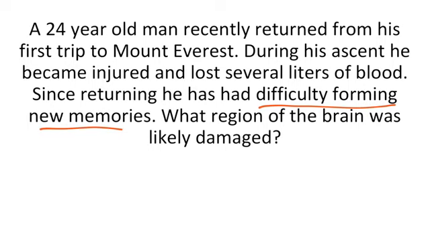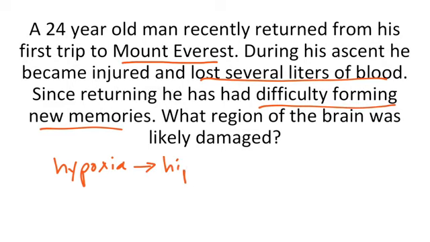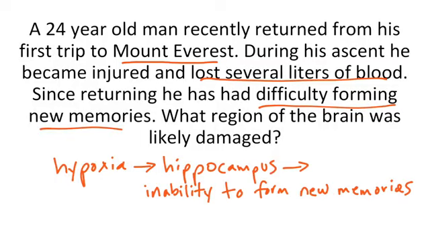Also recall that the hippocampus is highly susceptible to damage under hypoxic conditions. Because this patient was at high altitude, which we know because he was climbing Mount Everest, and we know that he lost several liters of blood, we can assume that he experienced severe hypoxia. So again, hypoxia results in damage to the hippocampus, which results in an inability to form new memories.